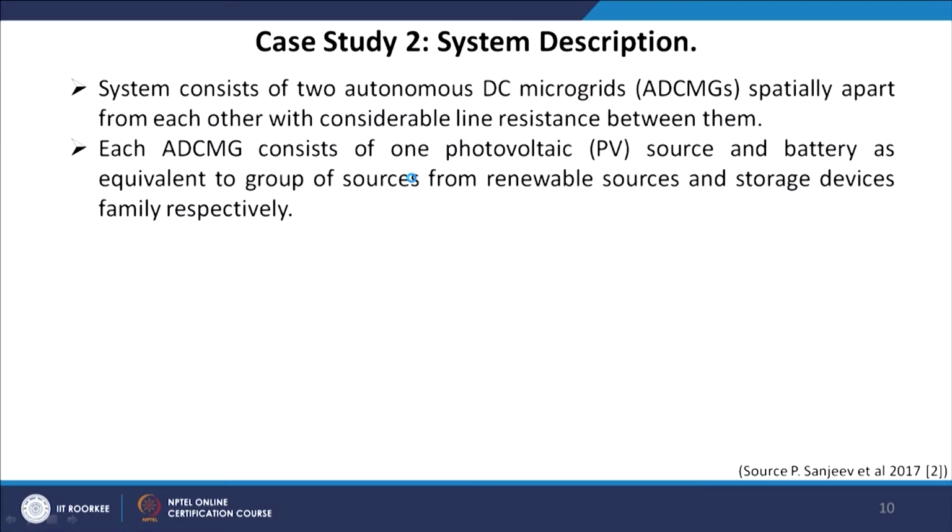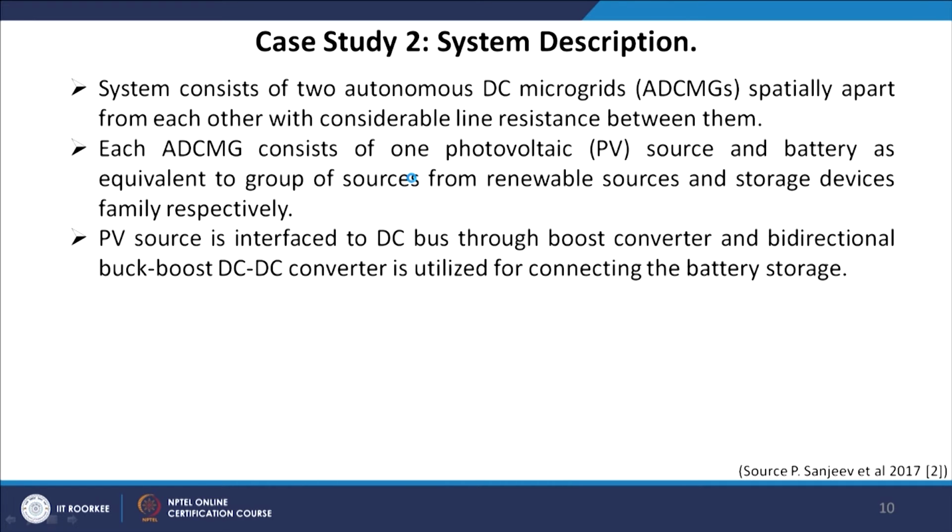Each DC microgrid consists of one photovoltaic source and a battery, equivalent to a group of renewable sources and storage devices. The PV source is interfaced to the DC bus through a boost converter, and a bidirectional buck-boost DC-DC converter is utilized for connecting the battery storage.